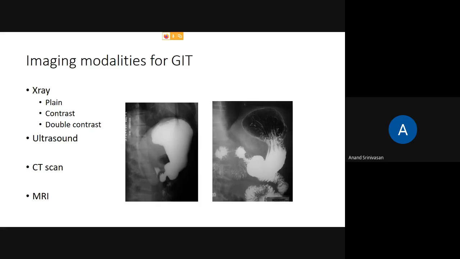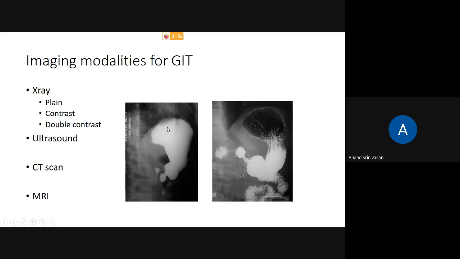So here you can see, can you tell me what X-ray this is? Which type of imaging is this? It is an X-ray. Is it a plain X-ray or a contrast X-ray? First, let's look at this one.